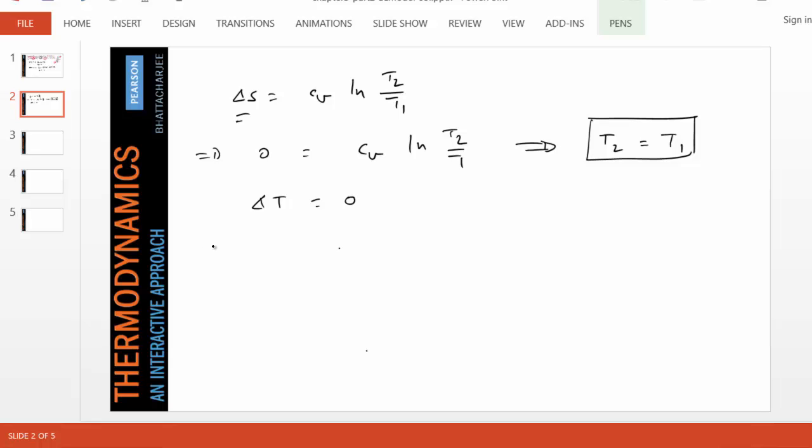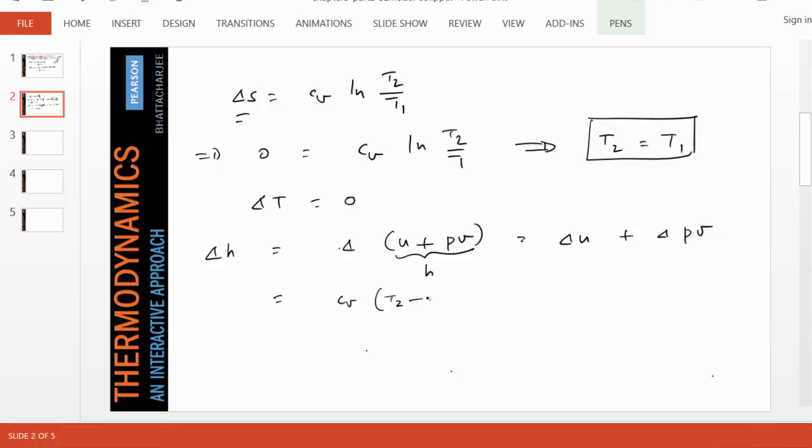Now, how do we find delta H? We know that delta H equals delta U plus delta PV. That's the definition of H, if you recall. And delta U, again using the formula, is Cv (T2 minus T1).